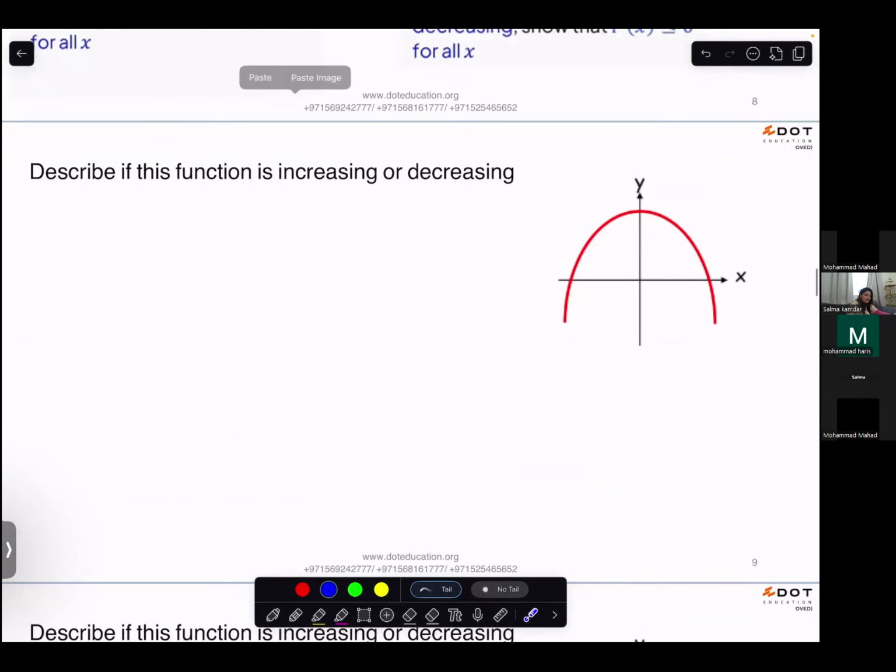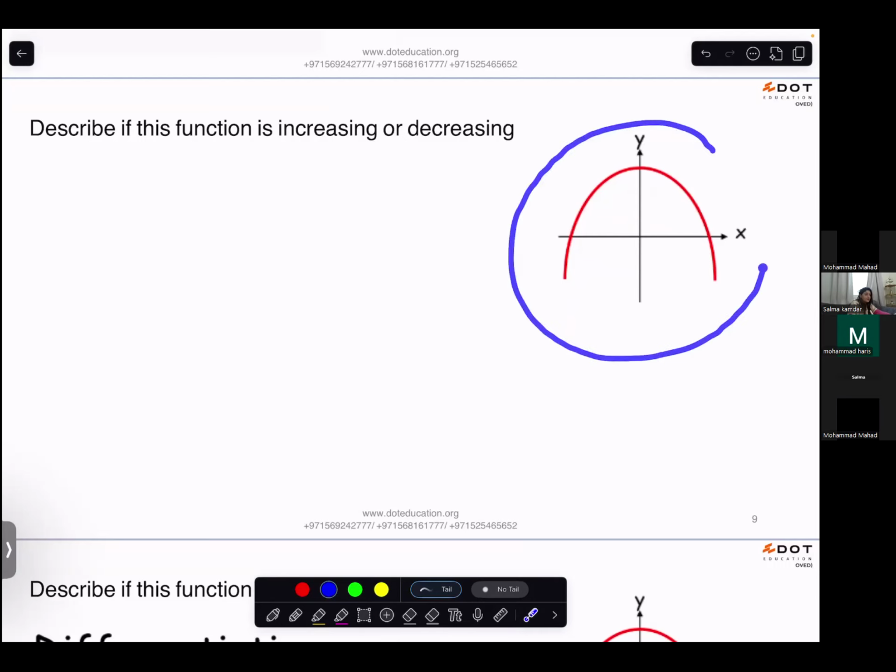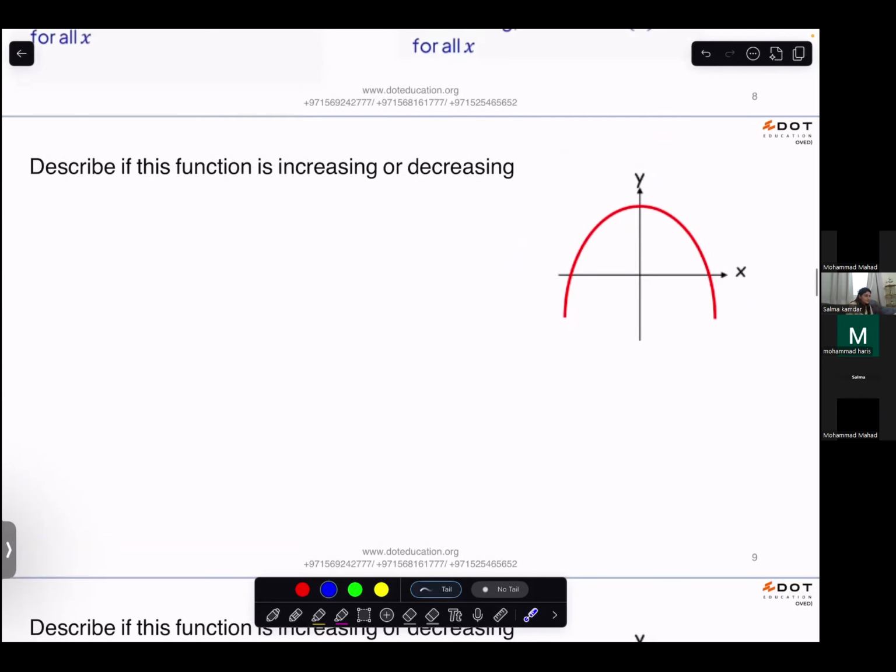Use the words and describe to me this curve. Where is the function increasing, for what values of x? Where is the function decreasing, for what values of x? And what is the gradient, or where is the stationary point? Think, okay? What is this?